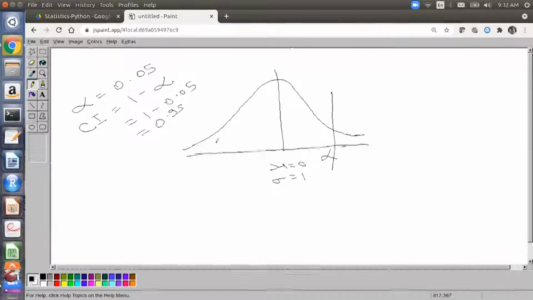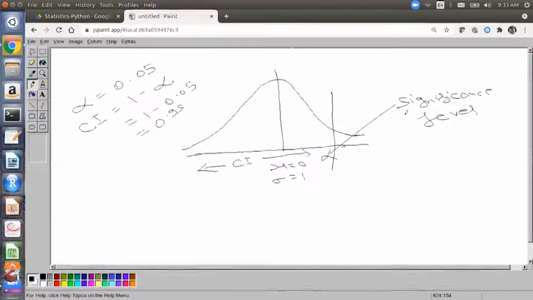So this is the confidence interval. Another name for alpha is significance level. Why is it called a significance level? Because up to this level the data is significant. After this, the data is not significant.